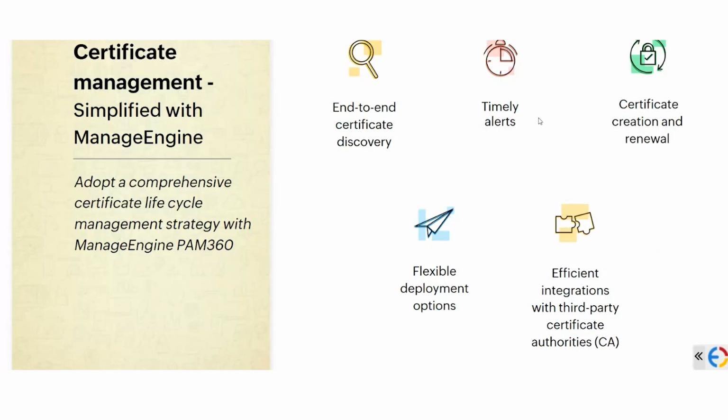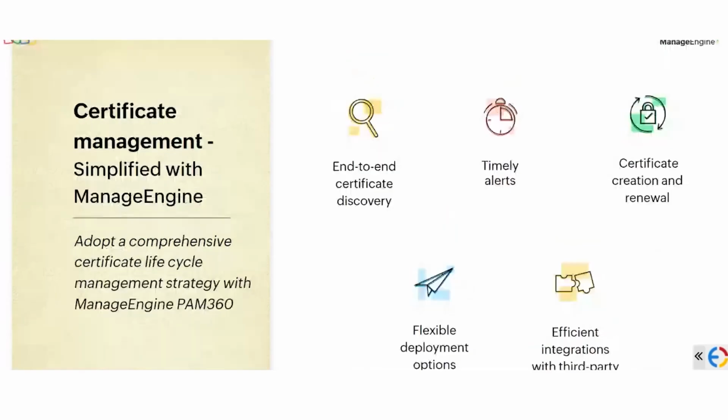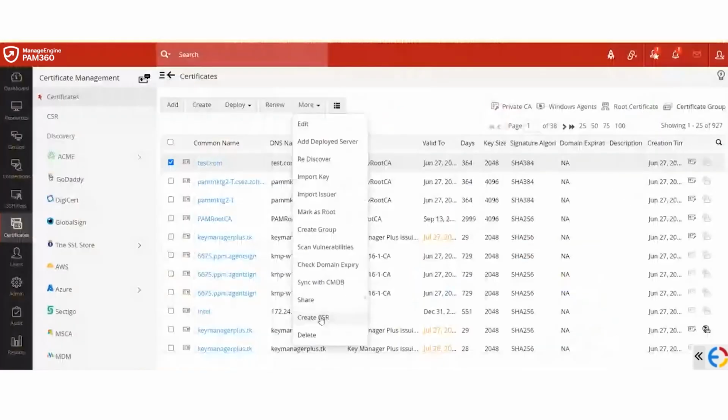Now, when it comes to certificate renewal and deployment, certificate renewal depends upon the signing authority of the certificate. So if the certificates are self-signed, Microsoft Certificate Authority signed, or root signed, private CA signed, which falls under internally signed certificates, the renewal is pretty straightforward.